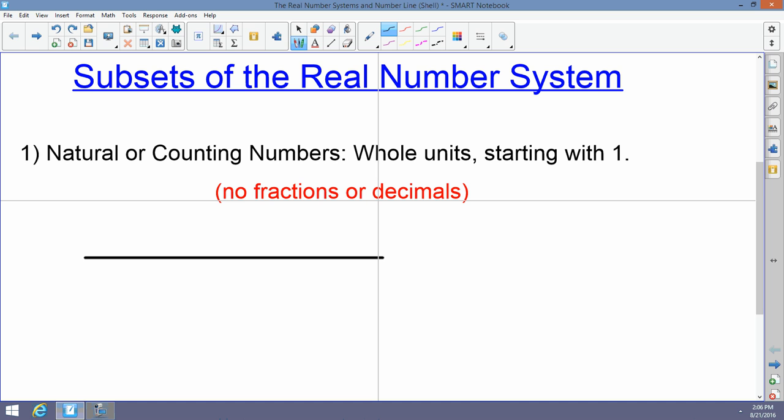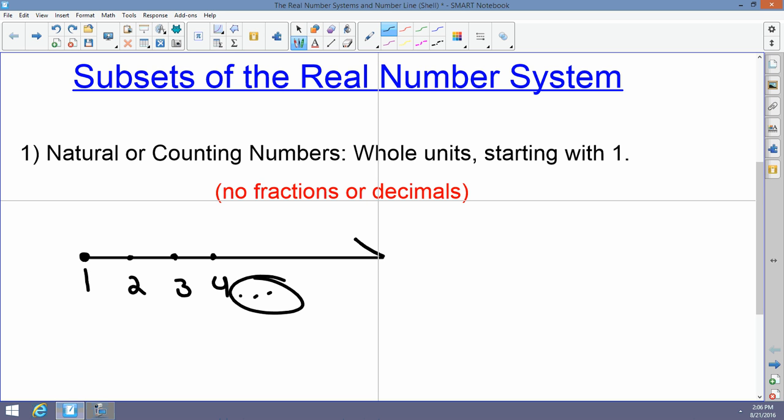So there's a definite beginning to this. That would be my first value of the natural or counting numbers, which would be 1. And then I'd have 2, and 3, then 4, and so on, and I keep going on forever. These 3 dots mean that the pattern is going to continue on forever.